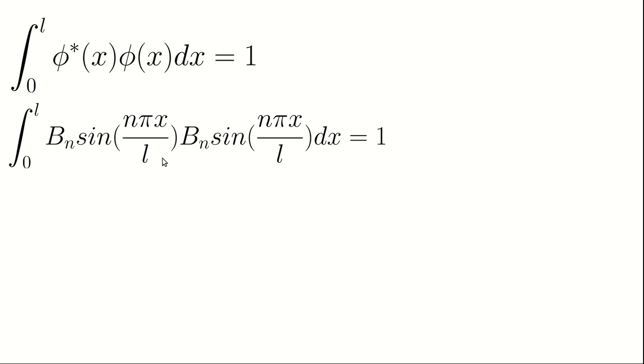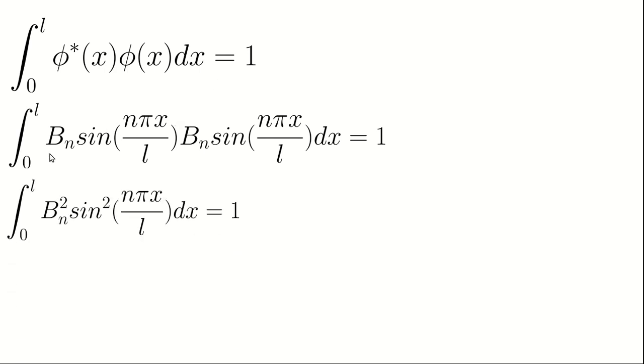So this part is the wave function. There is no complex sign, so this one and this remains the same. So if we simplify, it gives us this expression, bn squared sine squared n pi x all over L dx equal to 1. We can take bn squared out because it's a constant, and that gives us this part.